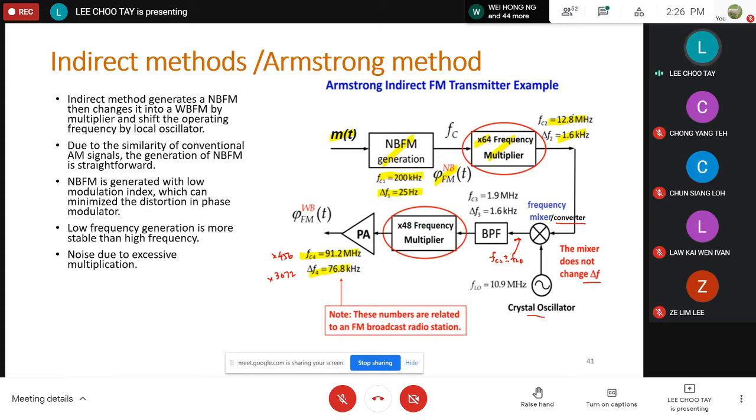So we multiply this signal of frequency 12.8 megahertz with another signal of frequency 10.9 megahertz.